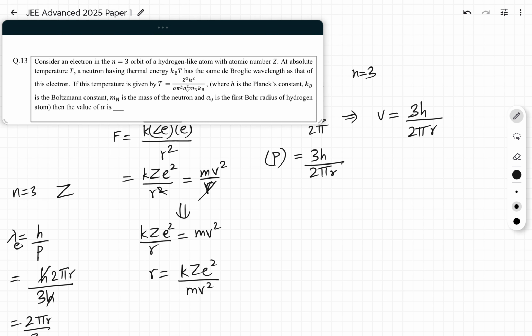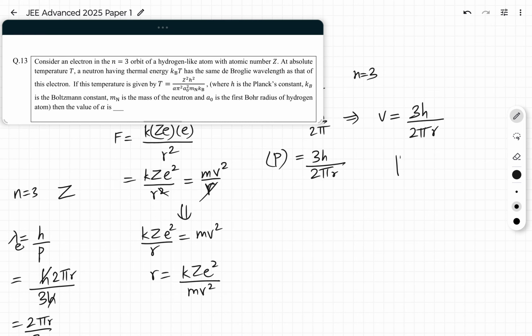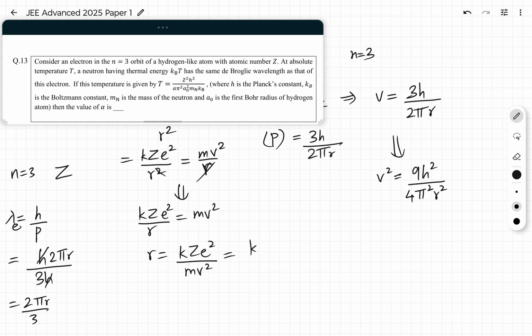Now let's substitute this v squared into this relation, which will give us 9h squared by 4 pi squared r squared. So r equals kZe squared by mv squared, which is 9h squared by 4 pi squared r squared.